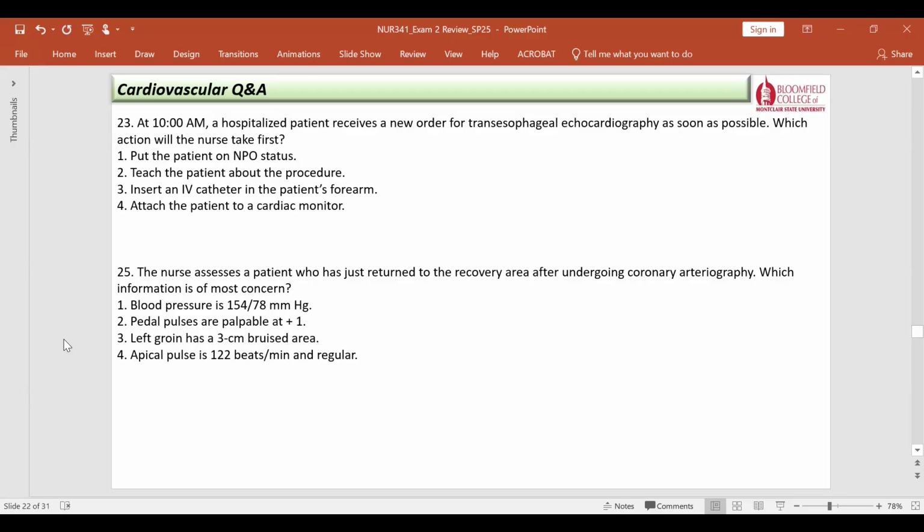Remember that in adults, whenever you hear about coronary arteriography, in 99% of cases we use the groin area for femoral access to get to the coronary arteries. So the catheter will be introduced from the groin, from the femoral artery. So in the groin, which information is most concerning?